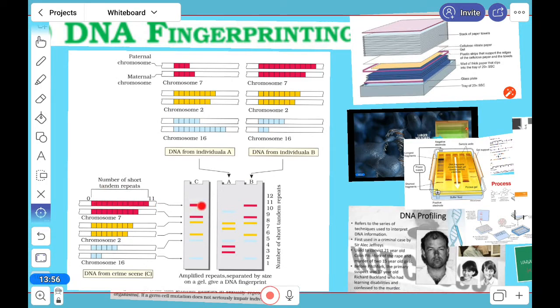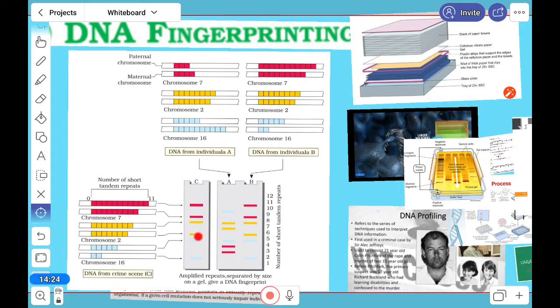So 11 repeats is heavy, so it makes a band here. All right, and here chromosome 7, chromosome 2. Next you can see the number of repeats: 11, 9, here 8, and 7.